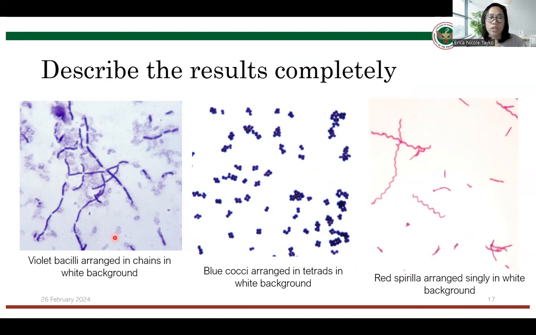You have to include all the expected characteristics such as the color, the shape, the arrangement, and even the color of the background. And if you observe other structures as well, you have to report them as well.